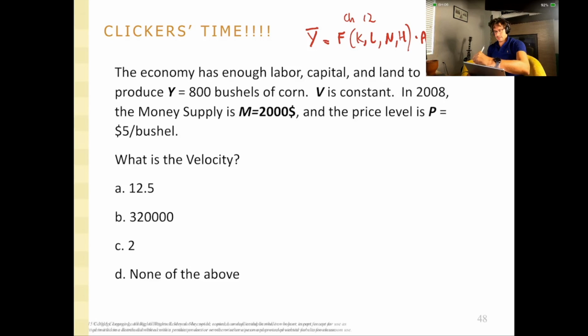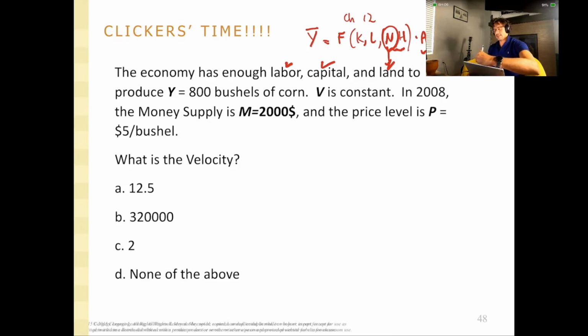Here they are not mentioning technology, natural resources, or human capital, but the intuition is that output in the long run is going to be determined by the factors of production. This is something that we are going to explore very soon in order to understand the classical dichotomy more analytically. But let's suppose that there is enough labor, capital, and land, to produce output of 800 bushels of corn.